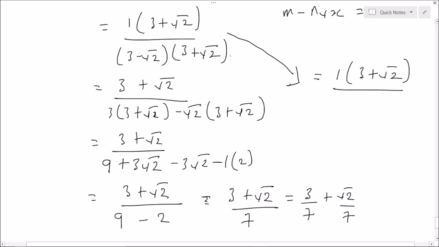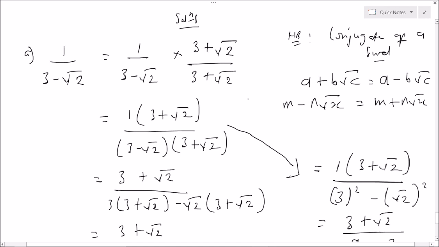So you can simply write this one as 3 squared minus root of 2 squared. And this will give us the same answer. That simplifying will give us 3 plus root of 2 over 9 minus 2. That is, root of 2 squared is 2. Which is the same as what we have here.